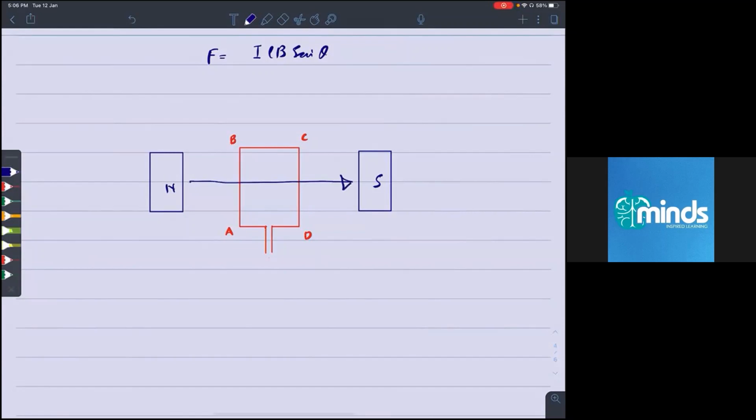It will be towards right. This rectangular loop is actually fixed on an axle.